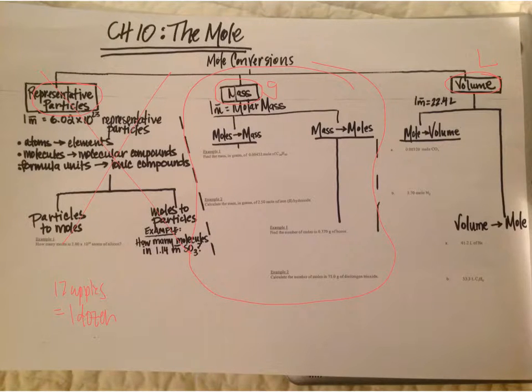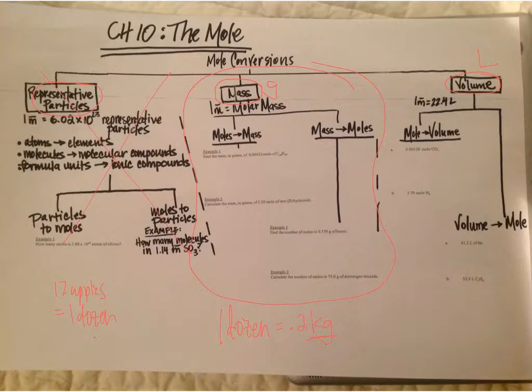You would say 1 dozen apples is equal to 0.2 kilograms. Okay, and in this case, kilograms is the unit of mass.